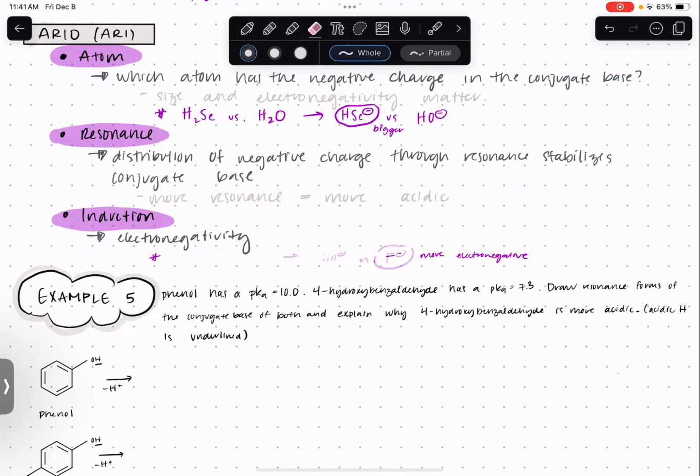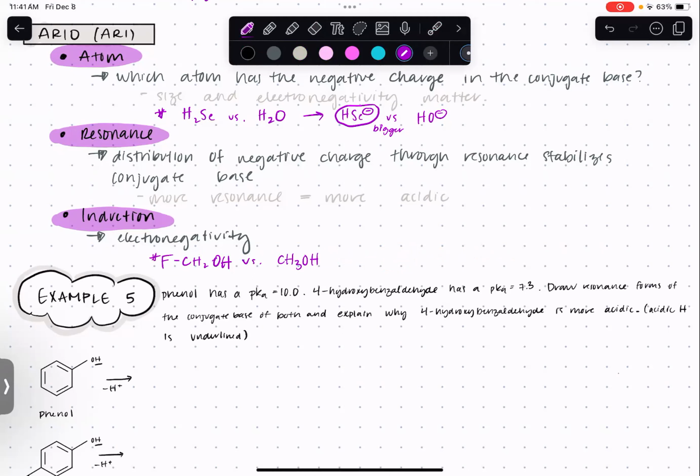What I meant to do here is say we have CH2 bonded to OH, and then this one has a fluorine on it, versus CH3OH, right? So in our conjugate bases, with this one, we get our negative charge on that oxygen.